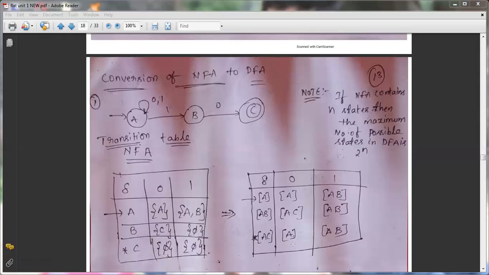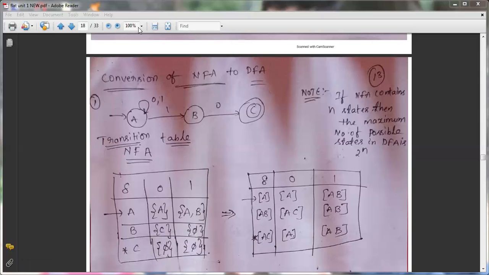Now, do we have any new state? No. Already we have A, already we have AB. So there are no other new states. Until we get new states, we have to perform this. Otherwise, if we don't get any new states, we can stop there itself.